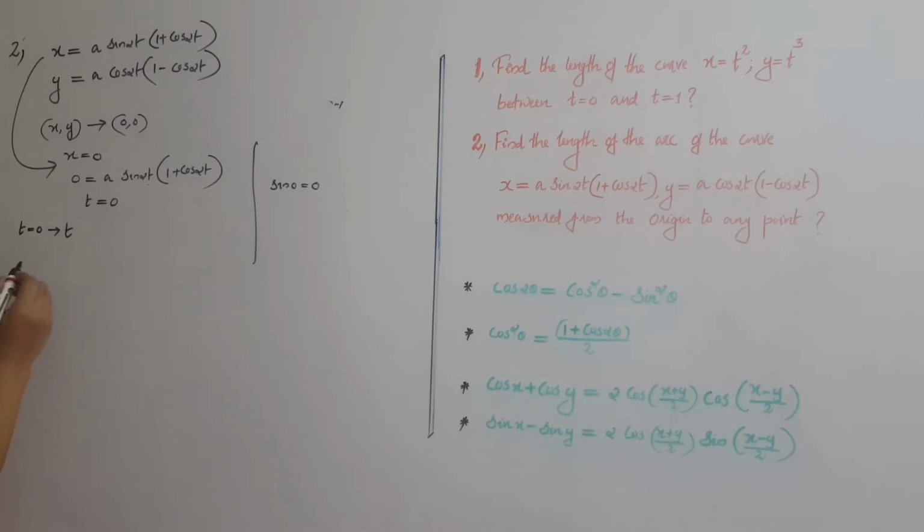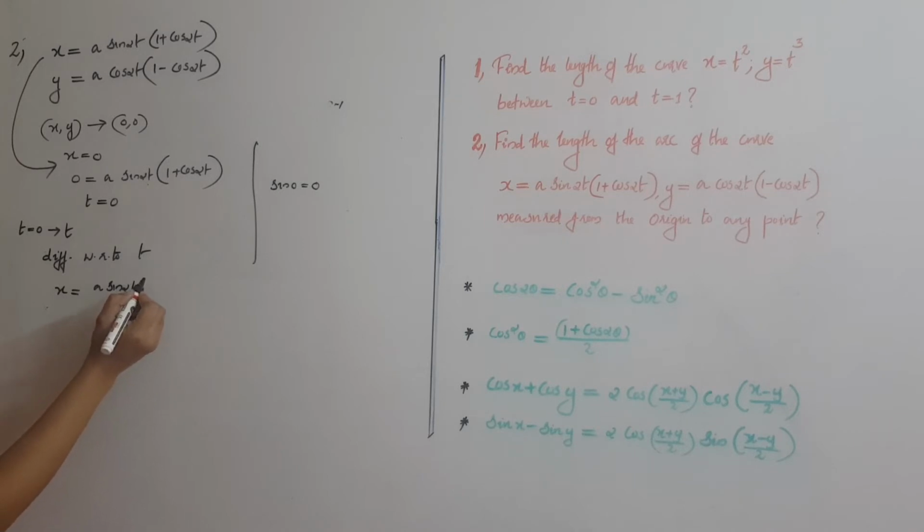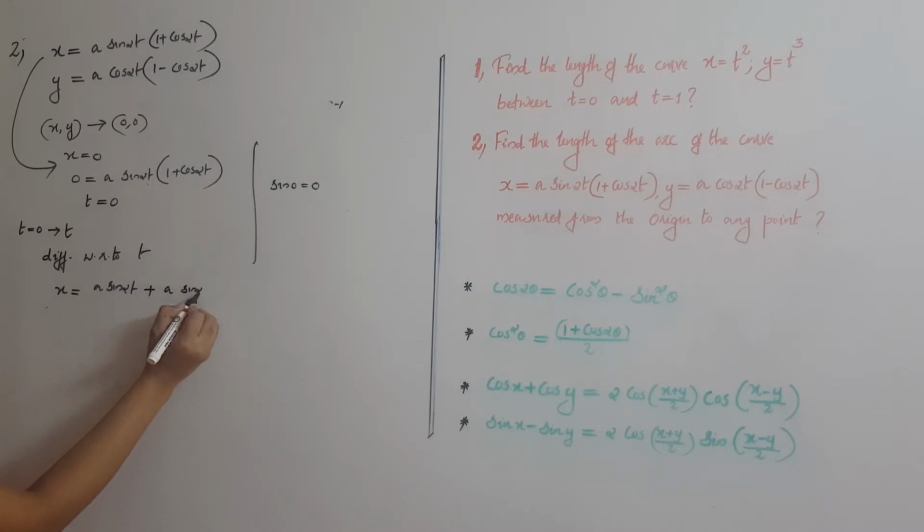Now find the derivative of x and y with respect to t. The given function is x is equal to a sin 2t into (1 plus cos 2t). Just open the bracket, then we get a sin 2t plus a sin 2t into cos 2t.